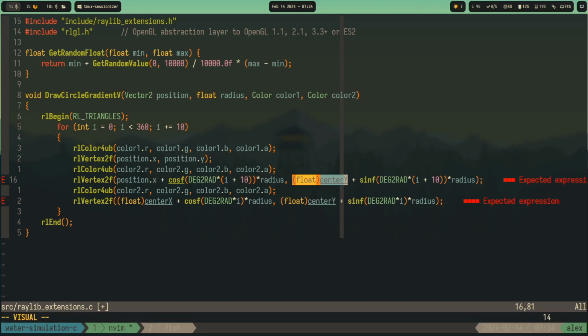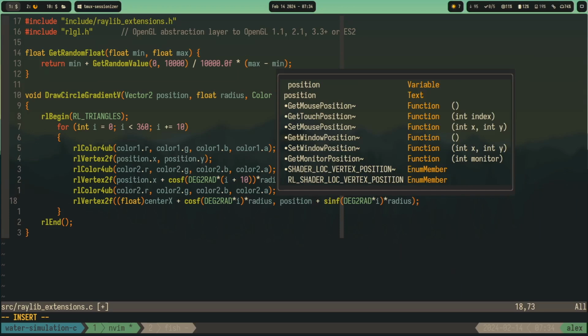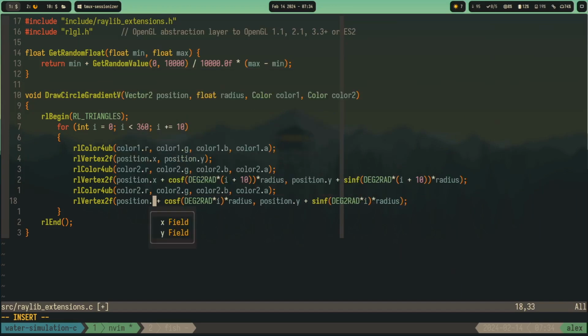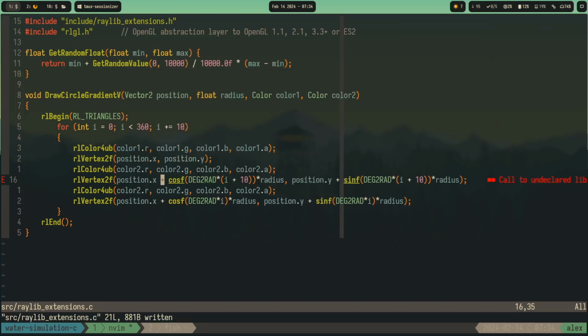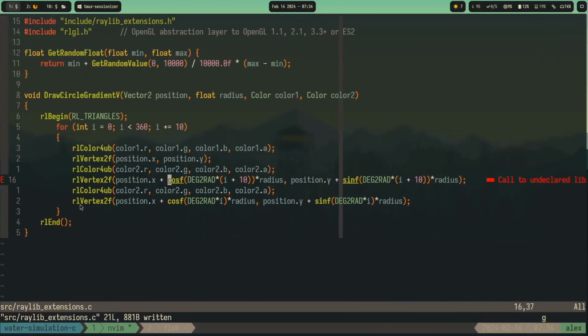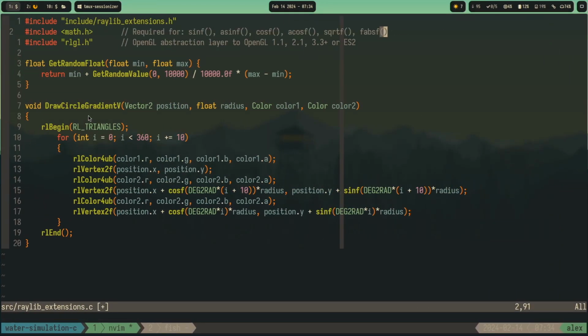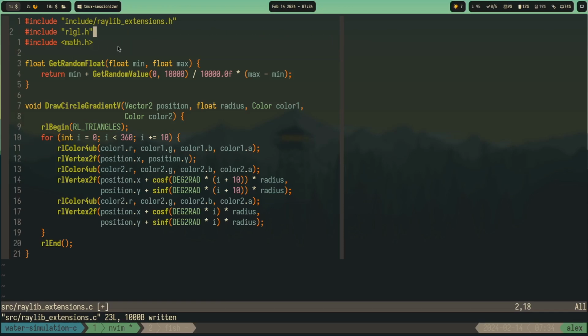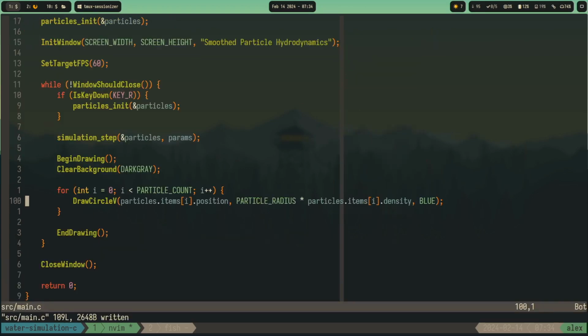Here we can have position Y, position Y, position Y again, and here we can say position X. What do we need? Math? Maybe. Okay, I guess. So let's see if this works.